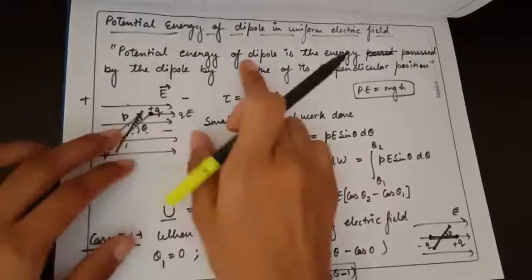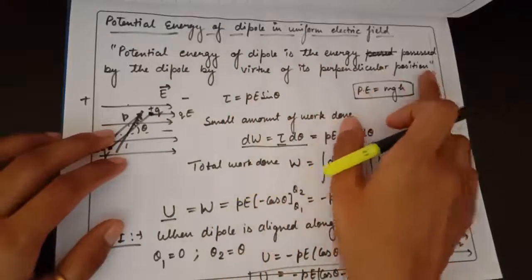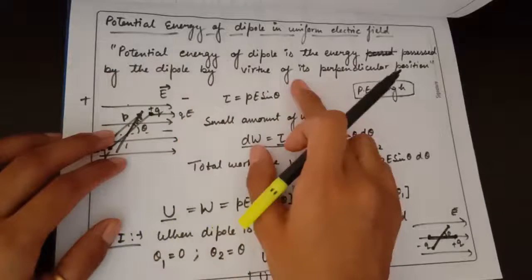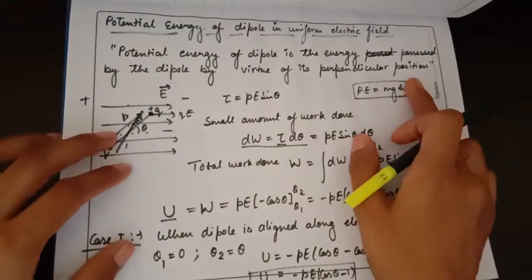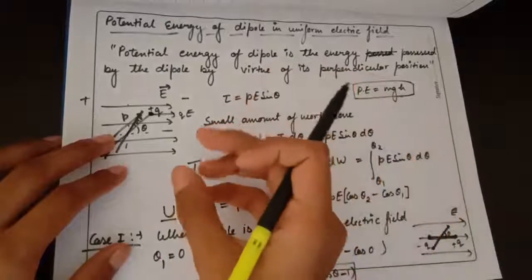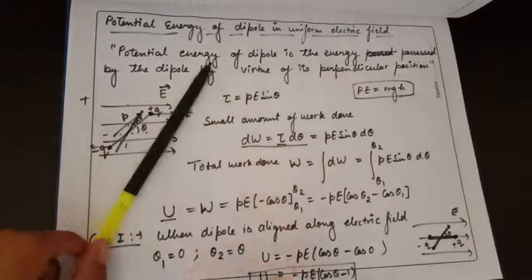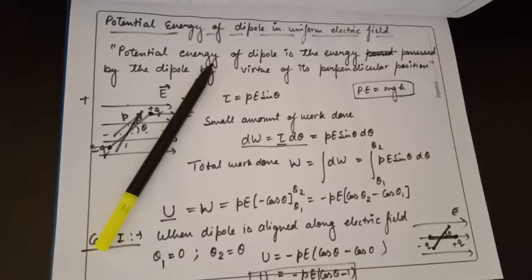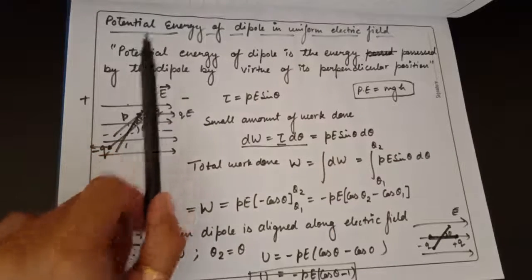So potential energy of a dipole is the energy possessed by the dipole by virtue of its perpendicular position. As you know, the potential energy of anything is just its static energy, meaning the energy of its rest position.